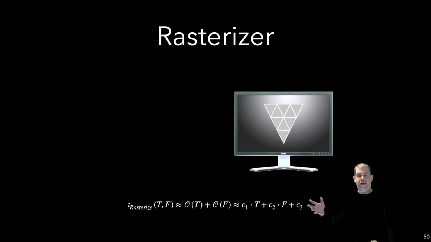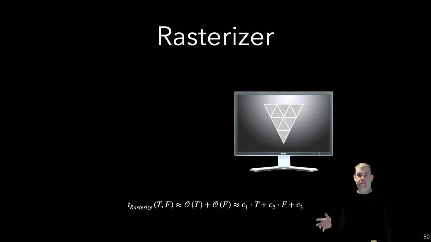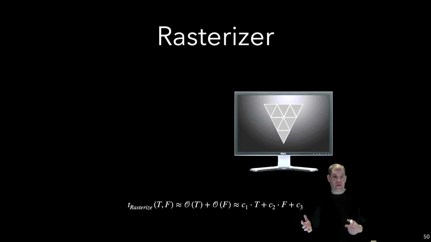So in total we have some constant that depends on your graphics hardware or overall system, times the number of triangles, plus some other constant times the number of fragments, plus some overhead that your graphics card needs to start a frame. So in total you get C1 times T plus C2 times F plus D3. That's the time it takes to render a frame.